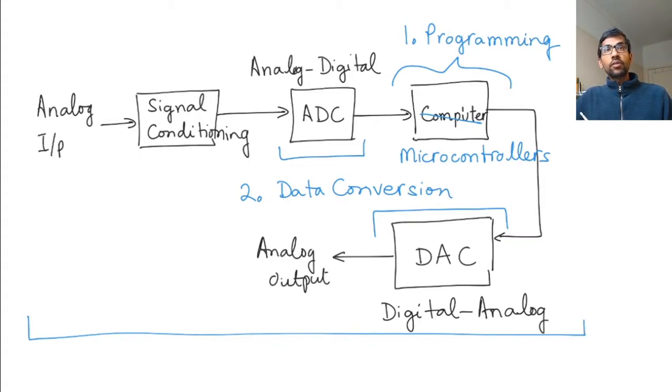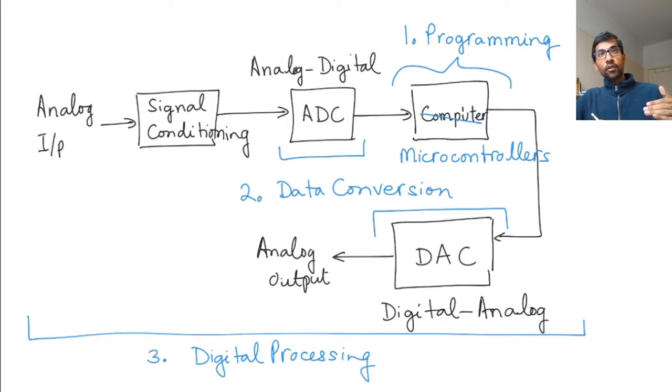And then we're going to say, okay, how do we actually process analog signals using digital systems? And we will call that digital processing. So that's the plan for this particular unit. We're looking at microcontroller programming first, then we'll look at data conversion, and then we'll look at digital processing.